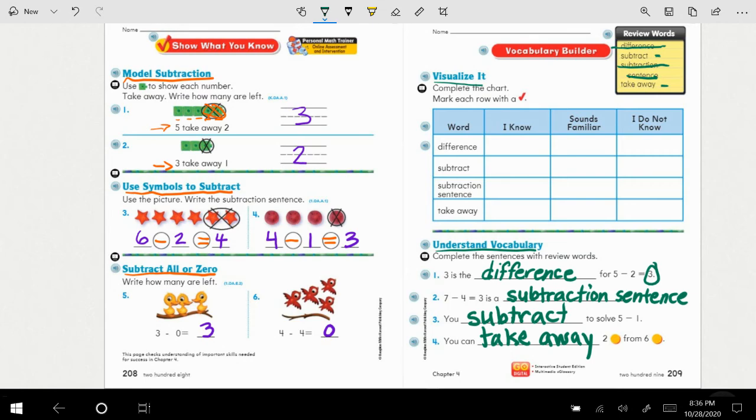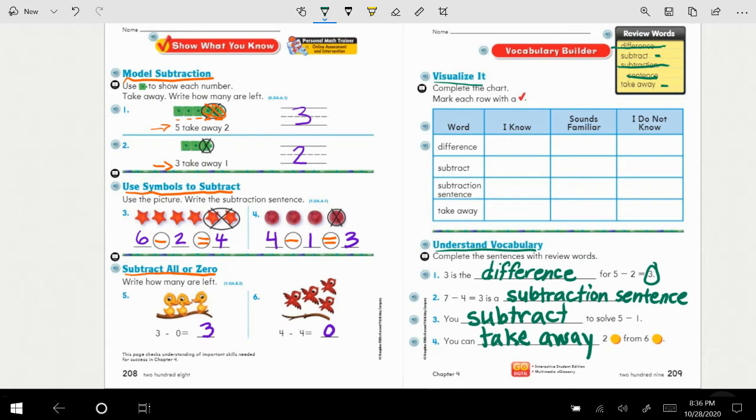You're just subtracting. You might use take away to help you subtract. So you might create a group of 5 and take something away from it. But taking away is a physical movement or action that you might take to help you with subtracting. So that's why we're putting it with the counters, because you could physically take 2 counters from your group of 6 counters.